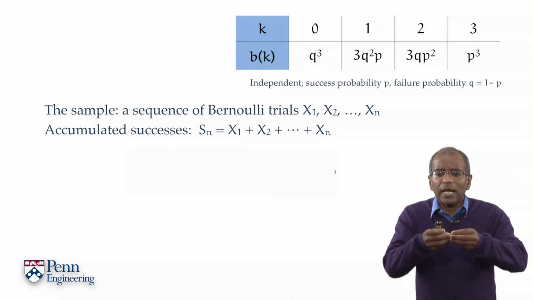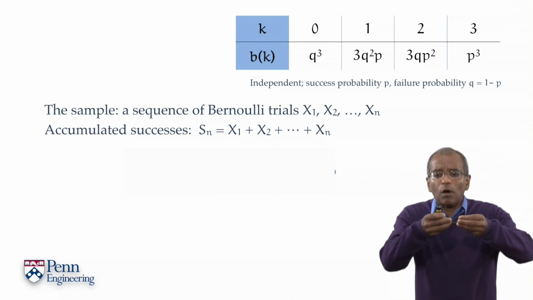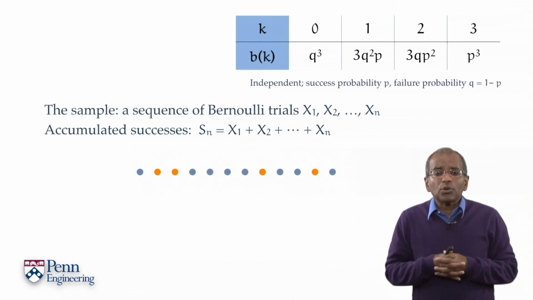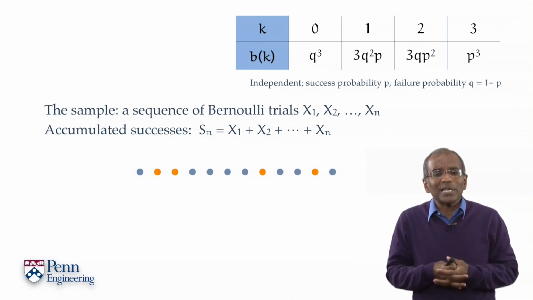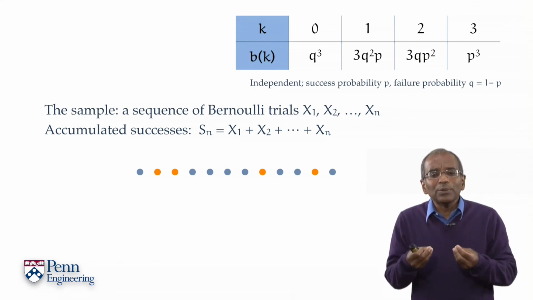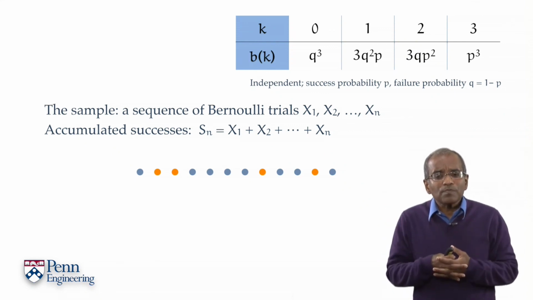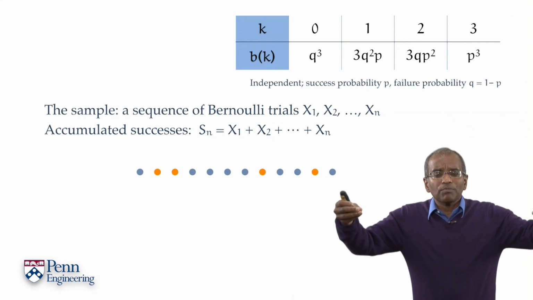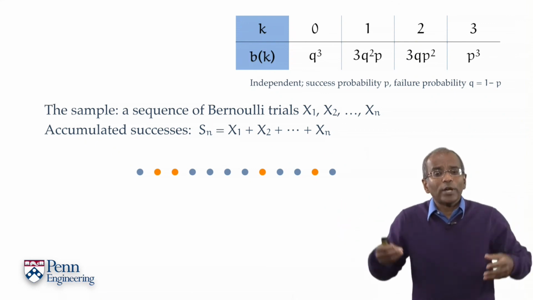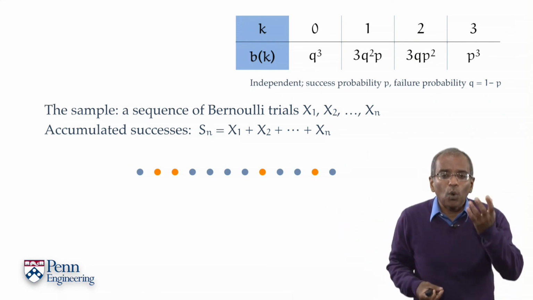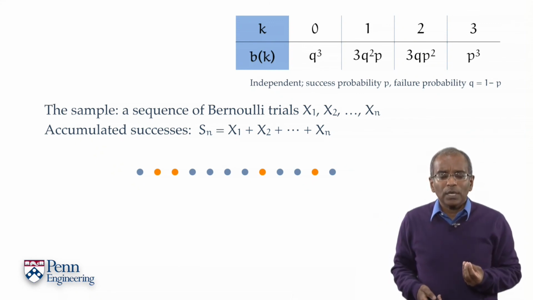In this case, let's say we're looking at a sequence of 12 trials. I've color-coded as before, 0 by blue, 1 by orange, and we've got a particular sequence. 12 trials, of which exactly 4 are 1, 4 are orange.